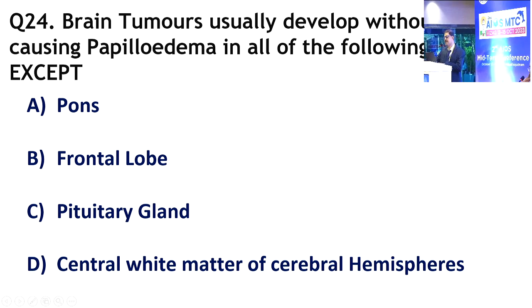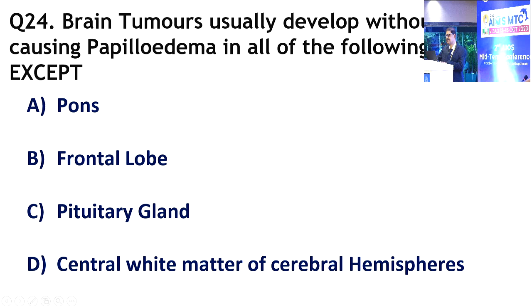Question number 24. Brain tumors usually develop without causing papilledema in all of the following regions except. So which of the following diseases causes papilledema? That is basically the question. Option A, pons. Option B, frontal lobe. Option C, pituitary gland.